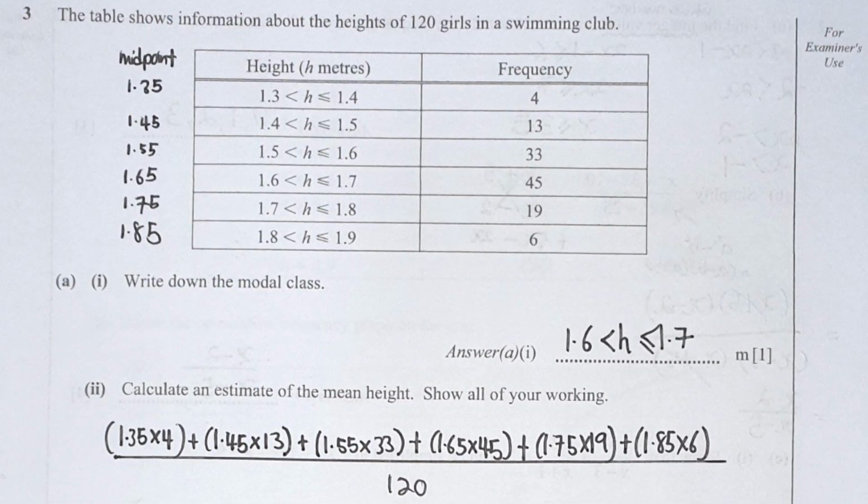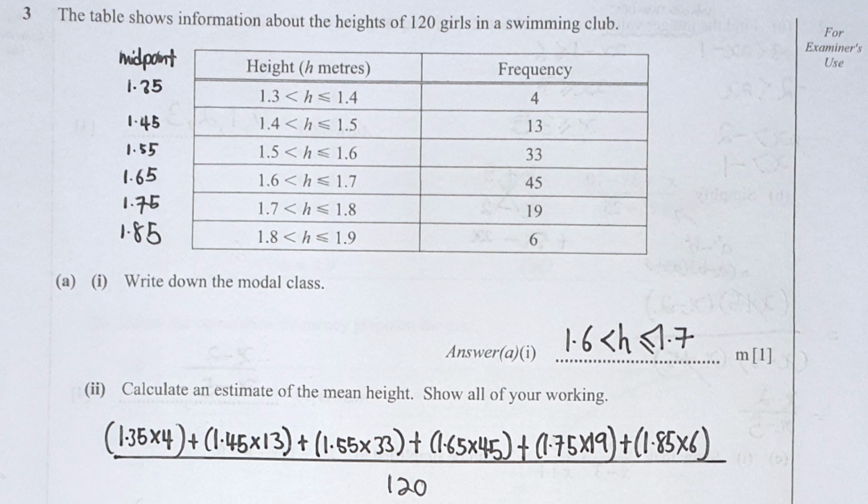In question 3, to calculate the modal class, you have to look at which group has the highest frequency count. So it will be h less than or equal to 1.7, more than 1.6. But to calculate the mean height, first you need to calculate the midpoint of each interval.